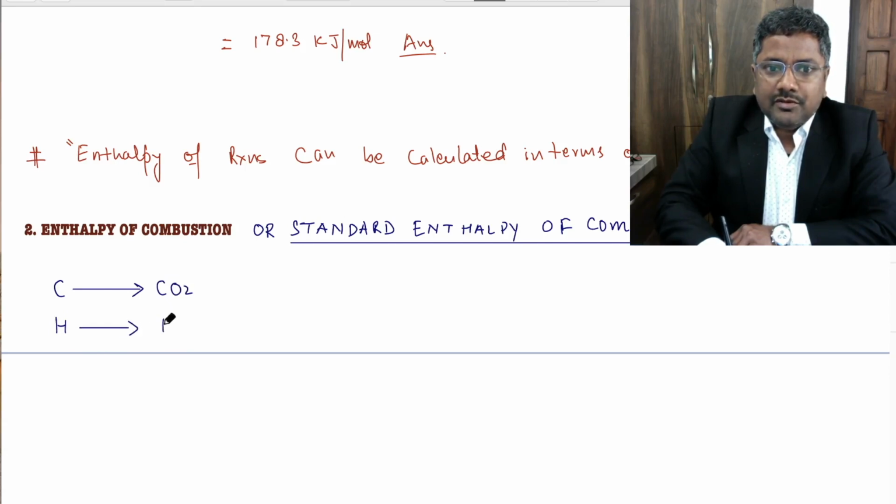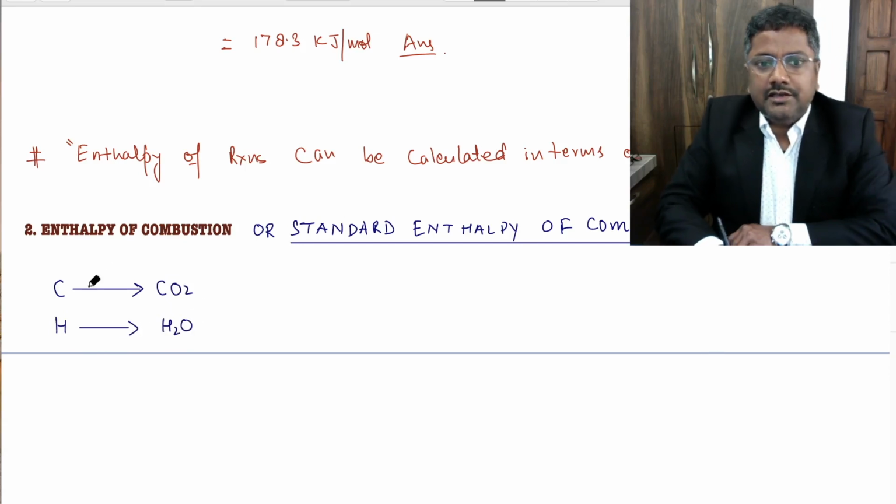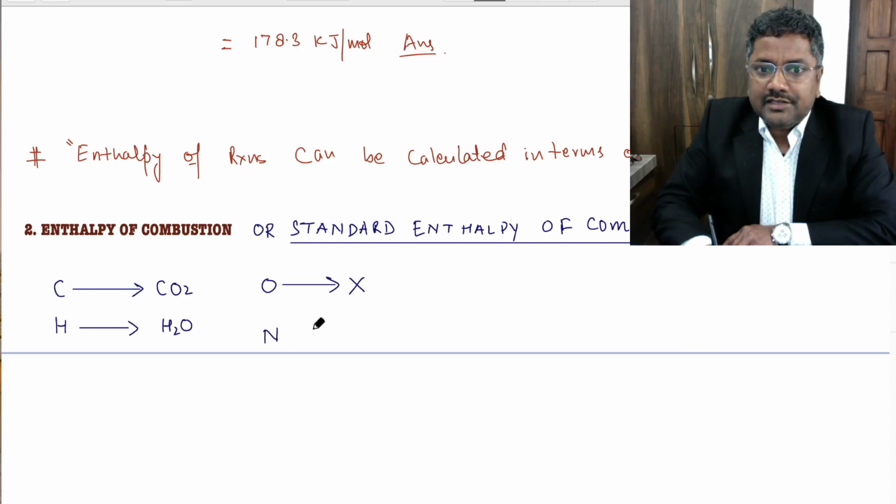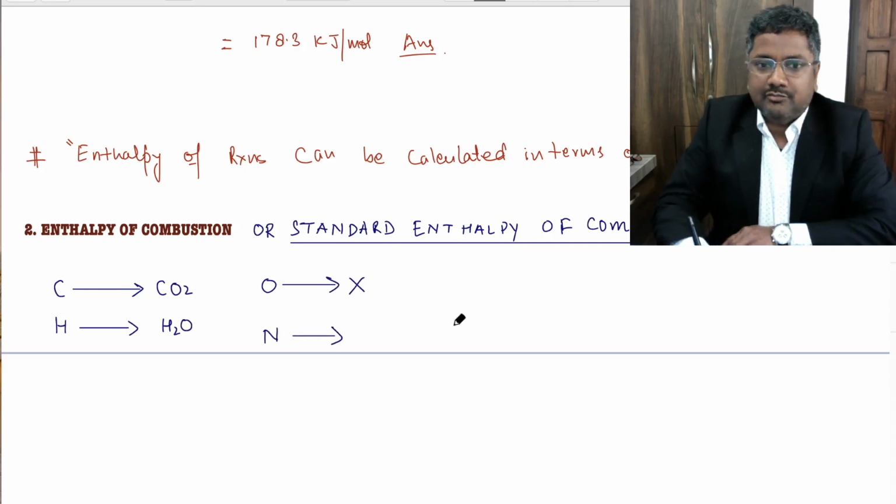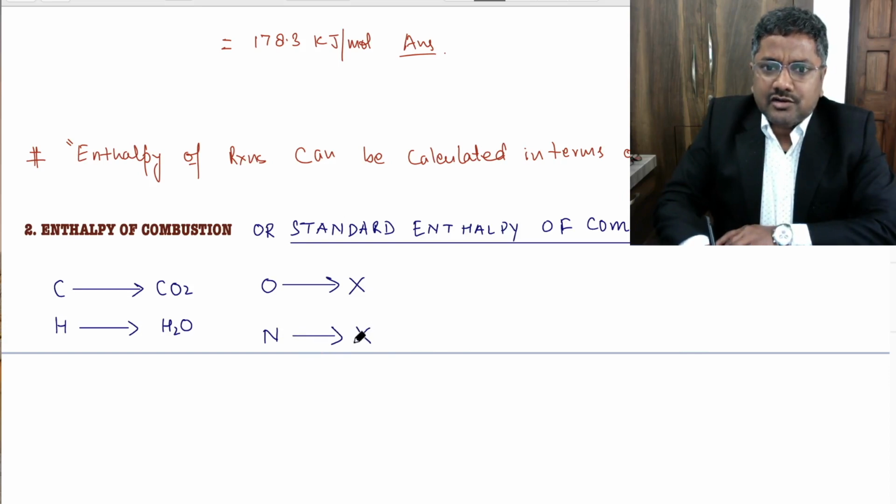So if in any reaction carbon is converted into carbon dioxide, hydrogen is converted into water, and if the compound has oxygen, then there is no product with respect to oxygen. Nitrogen, if present in the organic compound or any inorganic compound, is also a non-combustible element under normal condition, right? So these are the general definitions.